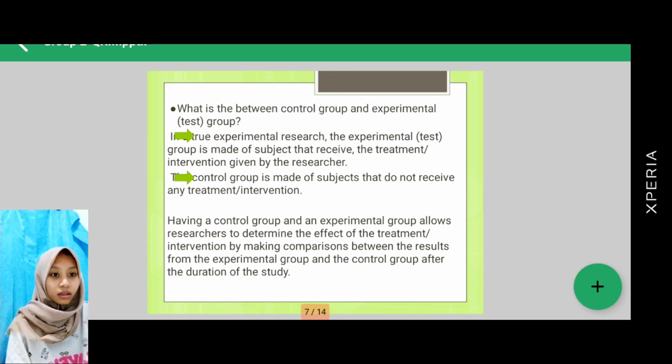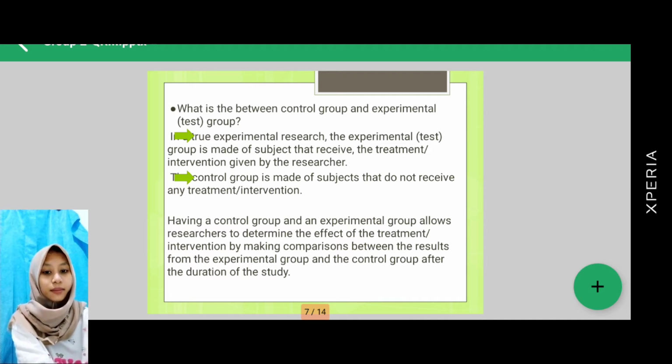The control group is made of subjects that do not receive any treatment or intervention. Having a control group and an experimental group allows researchers to determine the effect of the treatment or intervention by making comparisons between the results from the experimental group and the control group after the duration of the study.